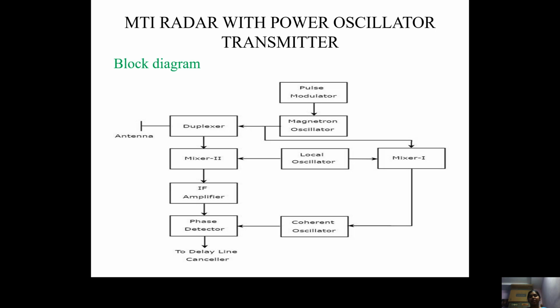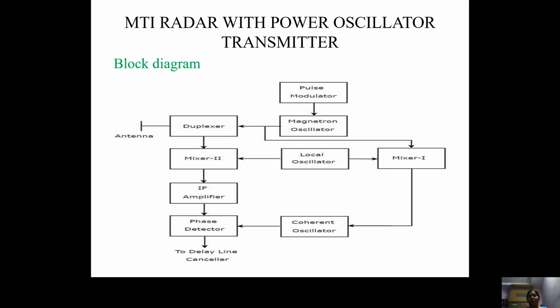Local oscillator generates a signal which is going to be transmitted, and the coherent oscillator will generate the signal as the reference to the phase detector. Local oscillator generates the signal to mixer 1, and the magnetron oscillator also generates the signal to mixer 1.